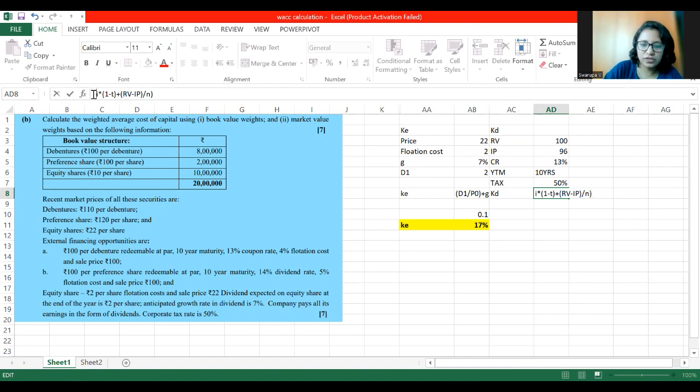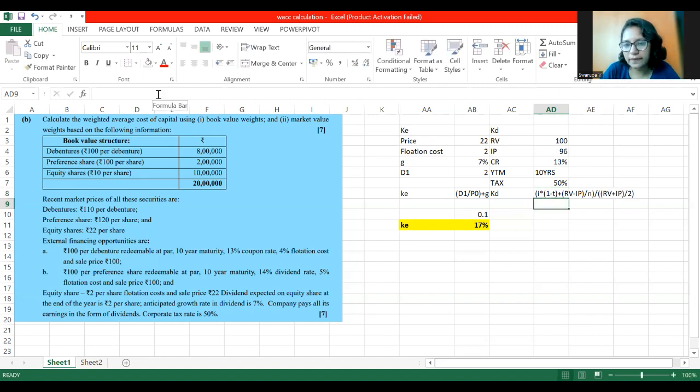This is my total cost. The total cost upon the redemption value plus issue price by 2. So that will be our KD.